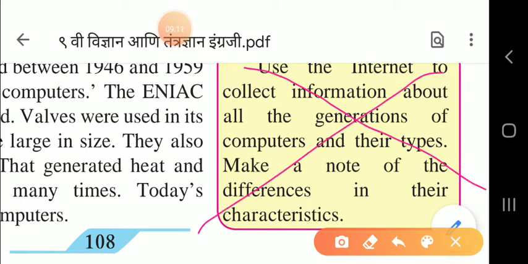Now, let us come to the next topic, children. The entry of computers in all fields in this age of technology has been possible only due to the increased speed of the computer.